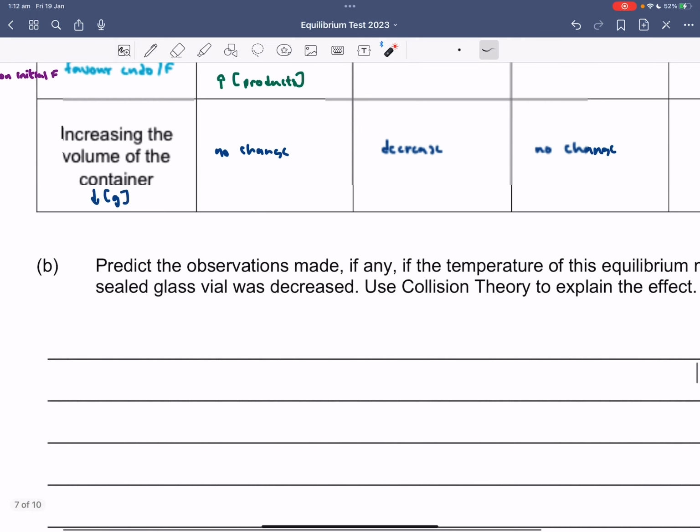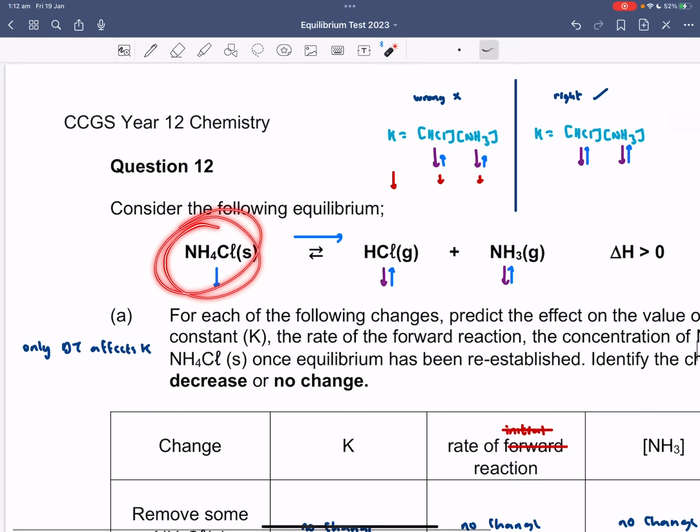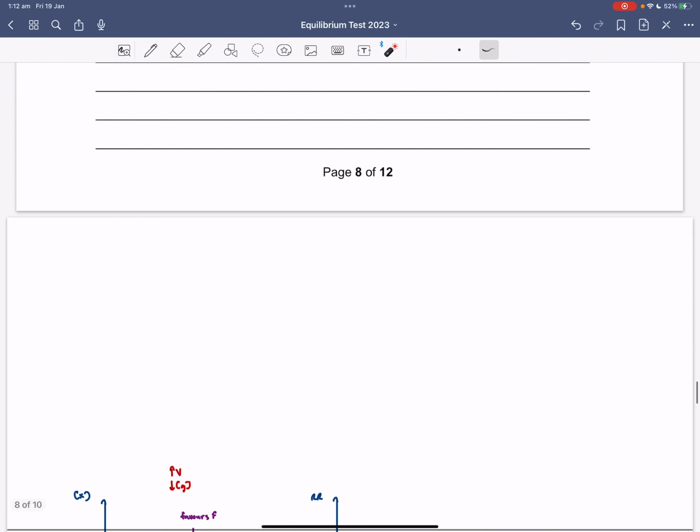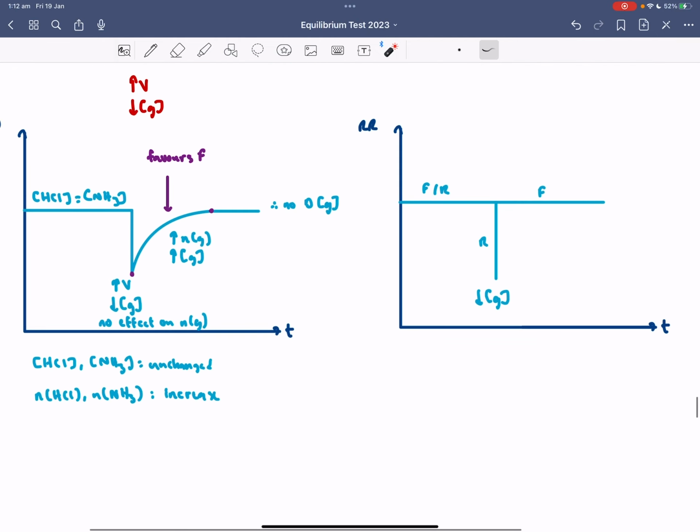But remember, at no point does the concentration of NH4Cl solid change. Even as we favor the forward reaction, the concentration of this does not change. It is a solid that does not have a concentration, which means that since the NH3 and HCl return to their original concentration, their concentration dropped, and that's why the reverse reaction rate dropped.